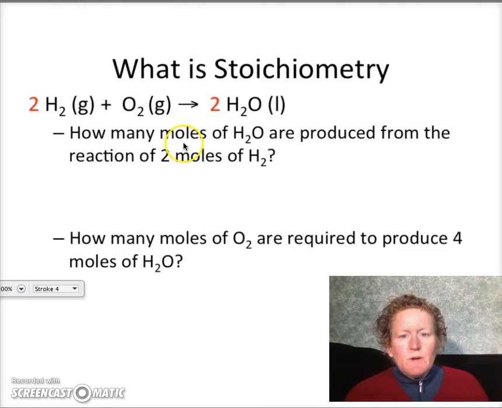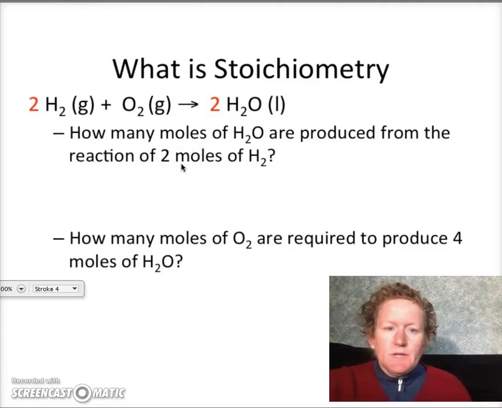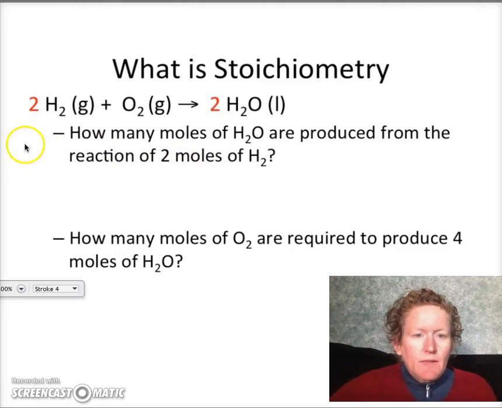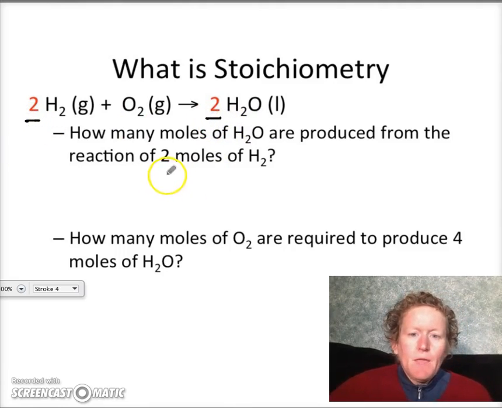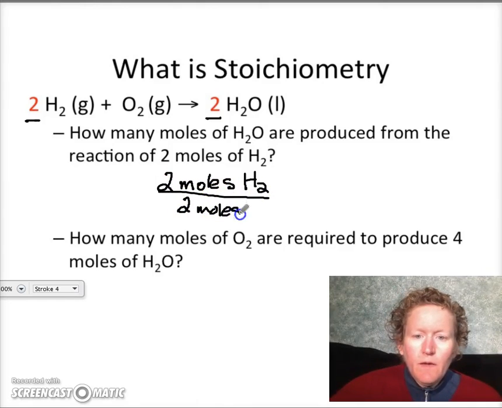So to answer this question, how many moles of H2O are produced from a reaction of 2 moles of hydrogen, we can look at the coefficients here and here. We have 2 moles of H2 to 2 moles of H2O.